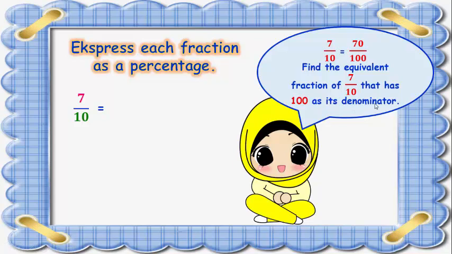Temukan pecahan yang setara dengan 7/10 yang memiliki 100 sebagai penyebutnya. Jadi harus dijadikan per 100 dulu. Oke, 7/10 harus dijadikan per 100. 7/10 is 70/100. 7/10 sama dengan 70/100. 70/100 is how many percent? Okay, 70%.